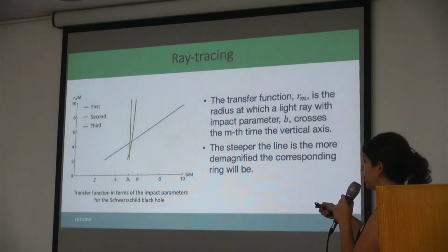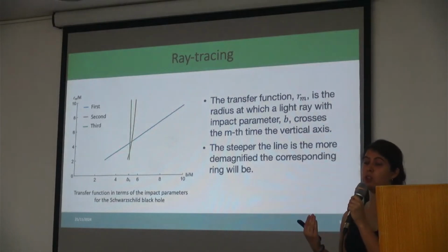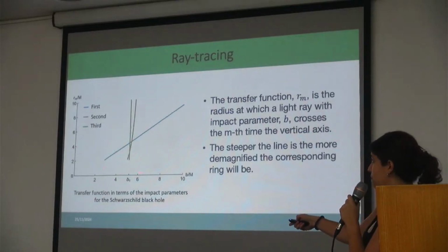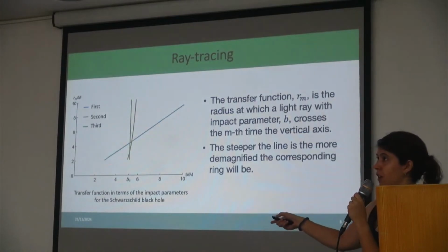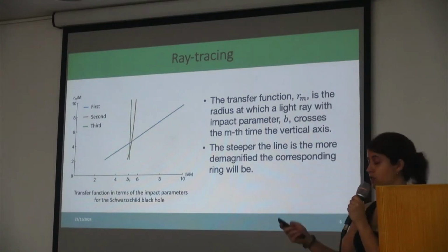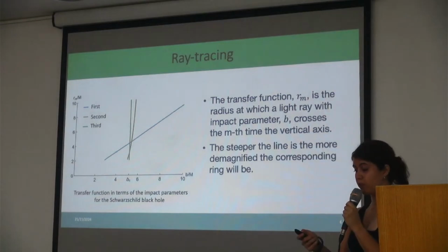And what we can see is that basically the direct emission, which is the one that only crosses one time, so the photons that will directly come to us, has an impact parameter range very large. While as it goes more and more turns, this range is stretched. And what does it mean?